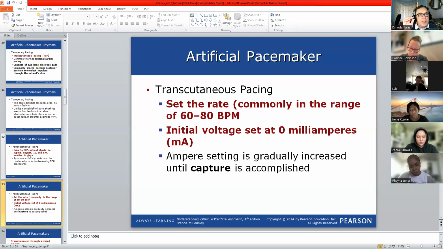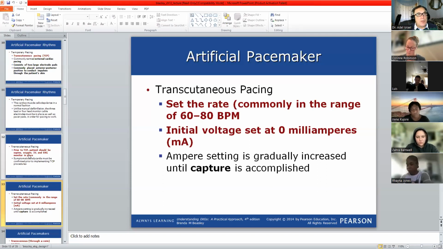Then I start to increase the output bit by bit till I get what we call capture. What do we mean by capture? It means that I get a response. What is the response? Contraction. So Lewis will place the electrodes, place the machine, and start to increase the intensity of electricity bit by bit till you get a response.